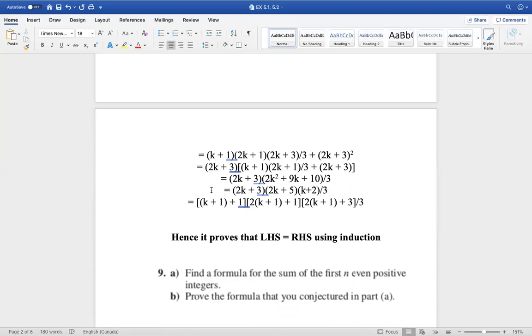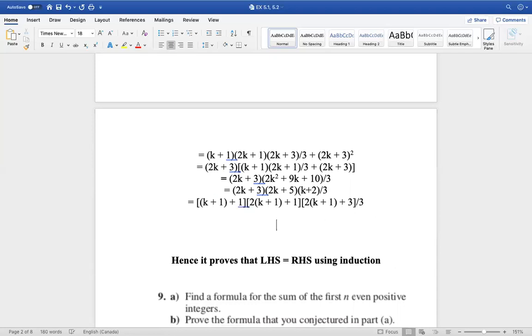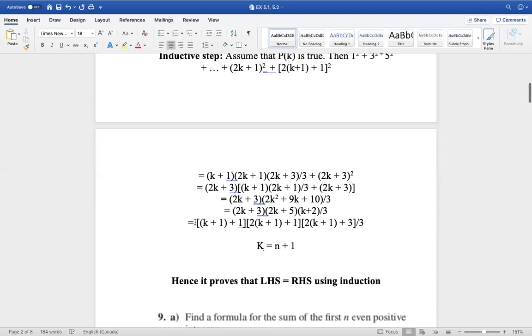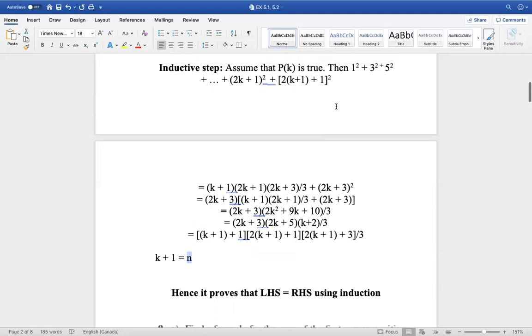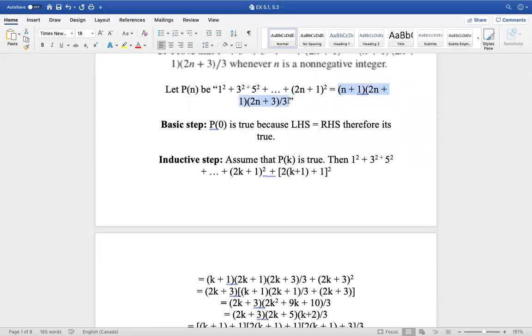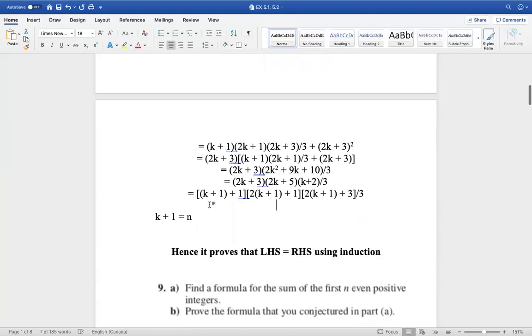Okay, so here basically this k here equals n plus 1. So this k plus 1 here equals n here. So if we have this equation, we have this on the right hand side.